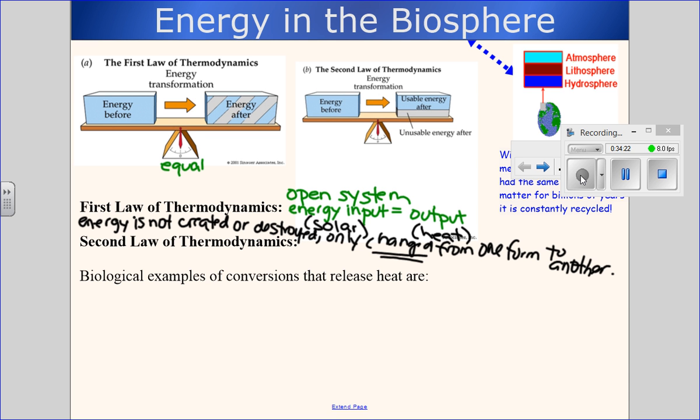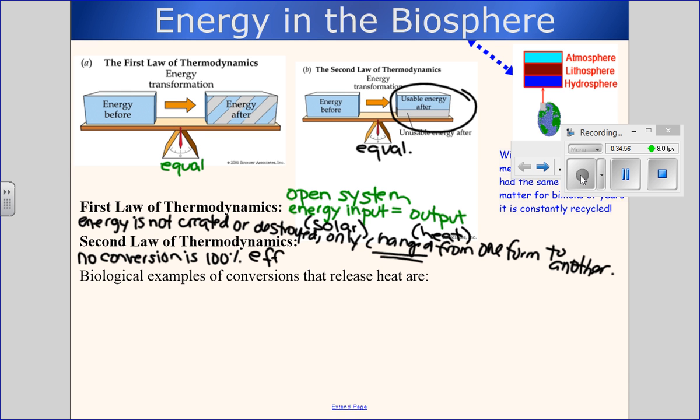Now, the second law of thermodynamics is still showing an equality, but the difference is this energy after is divided into two chunks: useful energy and unusable energy. In the second law of thermodynamics, we would say that no conversion is 100% efficient.